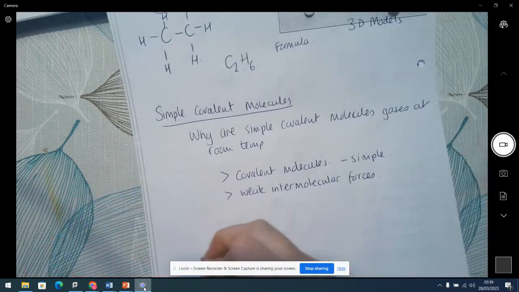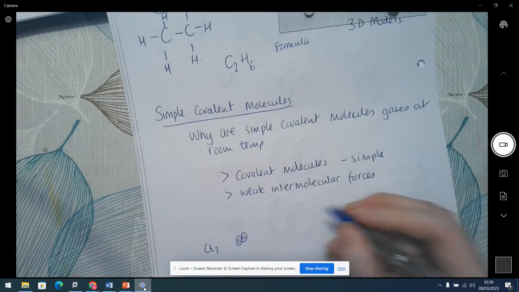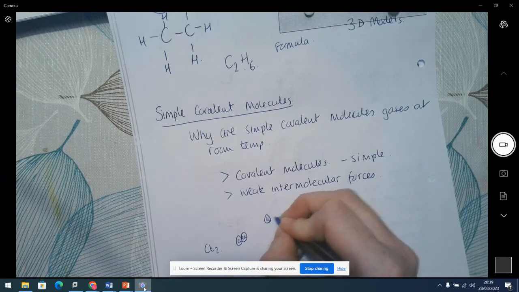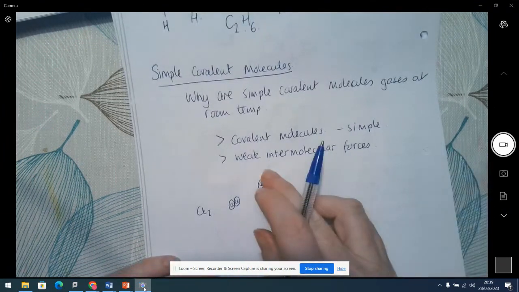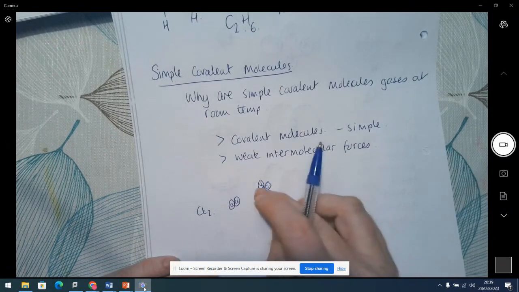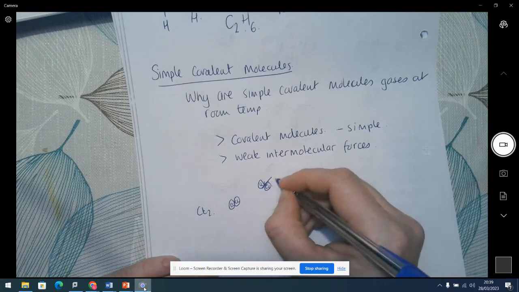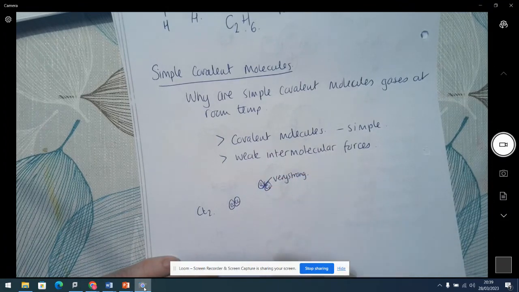So let's imagine I've got chlorine gas, which is Cl2, and here is chlorine attached to another chlorine, and chlorine attached to another chlorine, if I can draw them attached. Now, within that chlorine molecule, these two atoms here, that bond is very strong, okay?